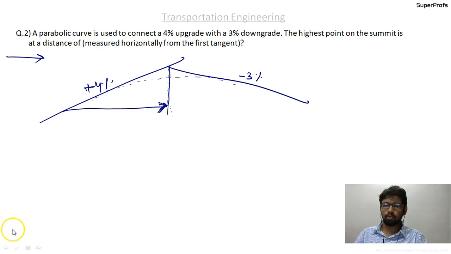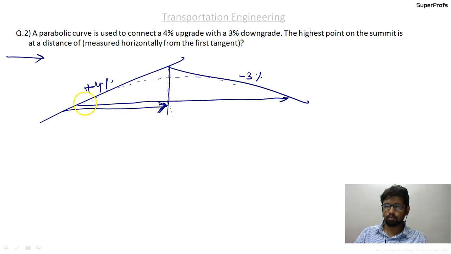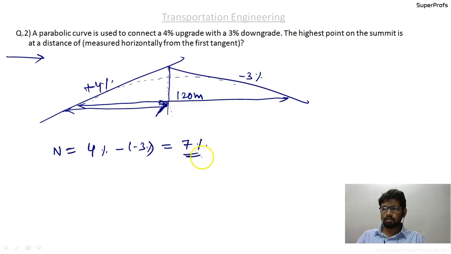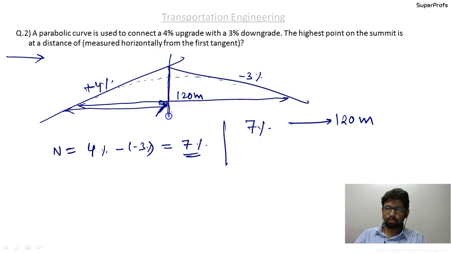So how to go about this problem? It is also given that this complete distance is equal to 120 meters. The n value is 4% minus (minus 3%), which stands for 7%. So for 7% the distance is 120 meters, and up to here it is just the 4% gradient.